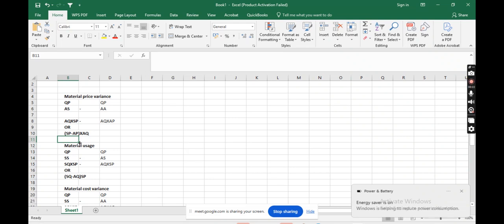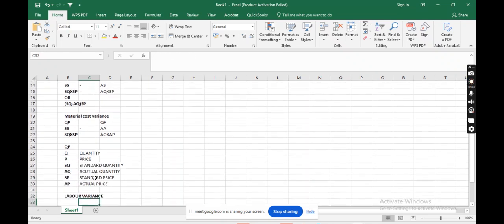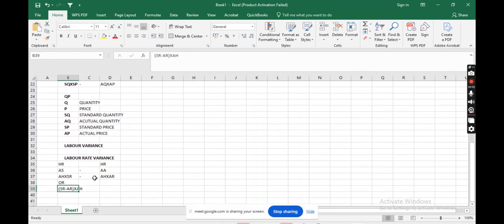If you look at material price, you could see that you multiply it by the actual quantity when you compare your price. Now, when you look at the usage, the consumption, when you compare standard quantity and actual quantity, you multiply it by the standard price. Now, the same thing is applicable here. Can you see it? Because it is rate, you have your standard and you are comparing your standard and actual. Can you see it?